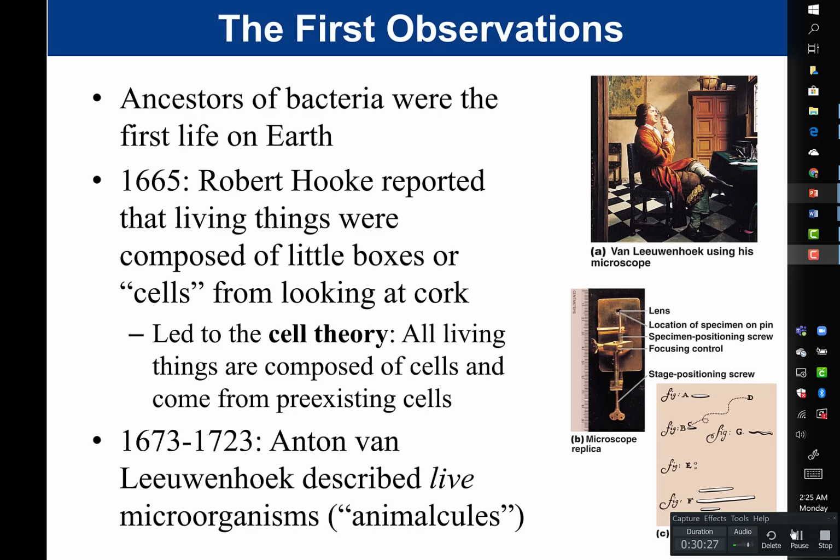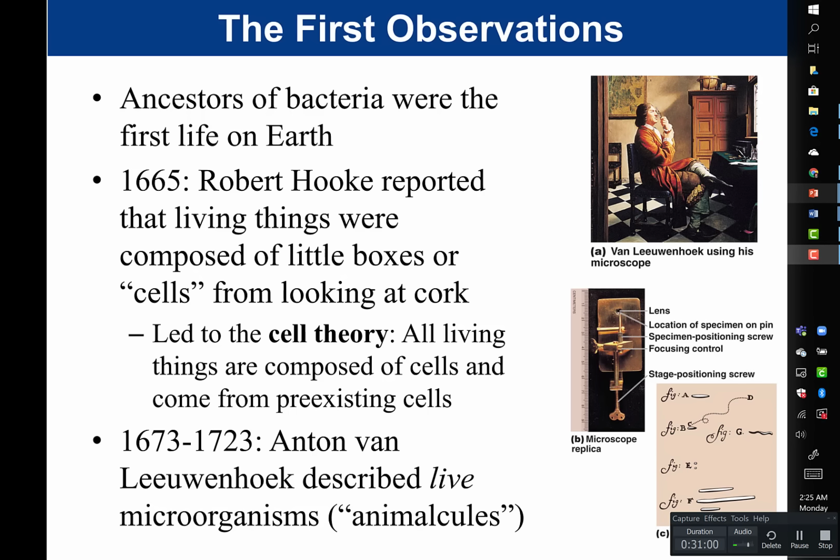Now, Anton van Leeuwenhoek, 1673 and 1723, was the first to describe living microorganisms, what he called animalcules, little animals. And so what he did was he looked at different specimens like rainwater, feces, scrapings from teeth, and he did this using this primitive microscope that you see here.